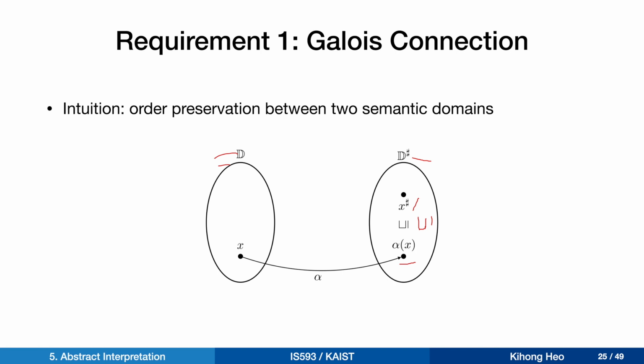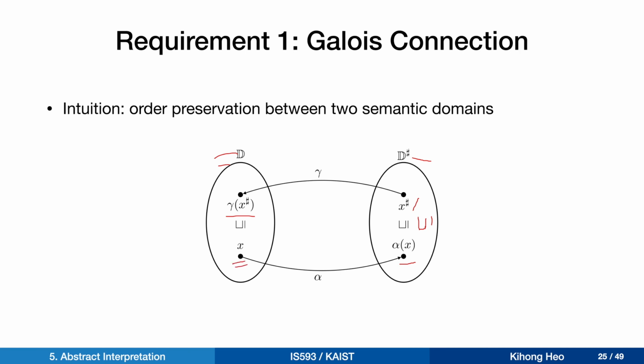Then we concretize this x sharp using the concretization function, so that we get the image gamma of x sharp. Then finally, the Galois connection ensures that this concretization of x sharp is always larger than or equal to the original x.